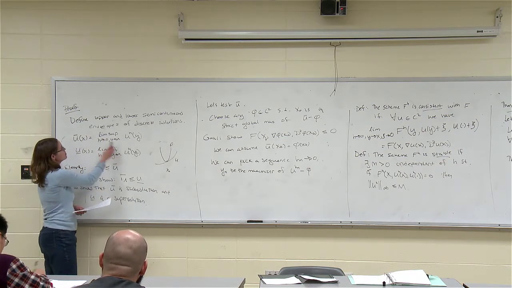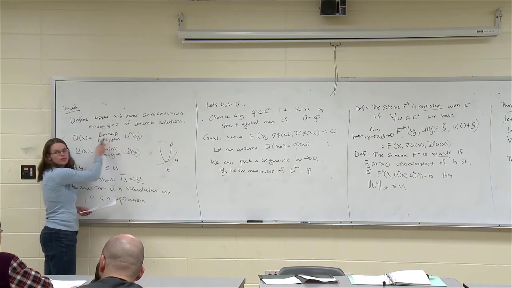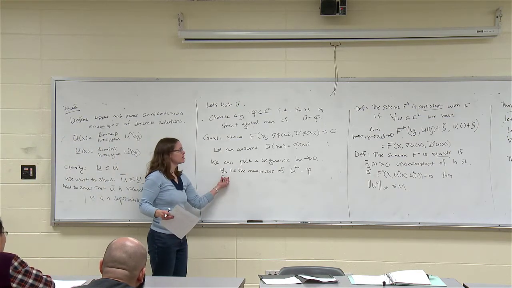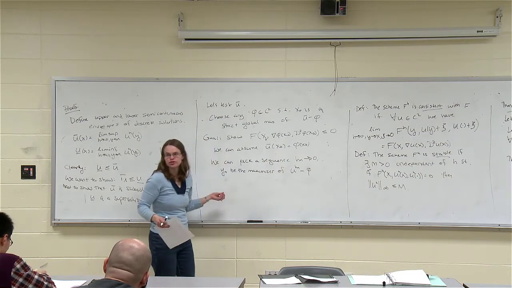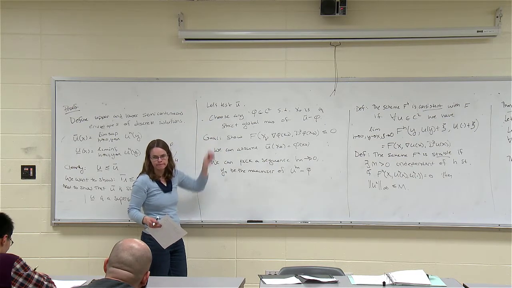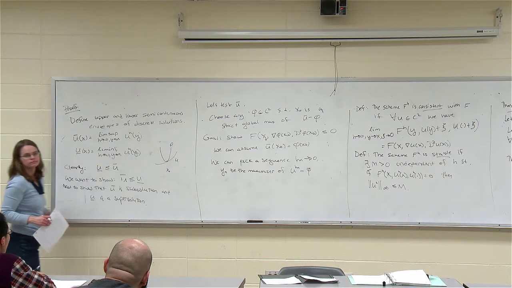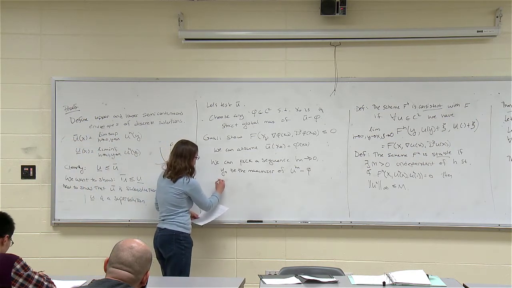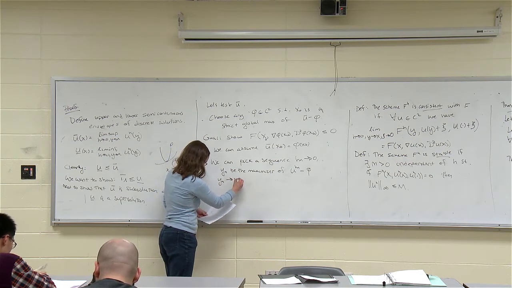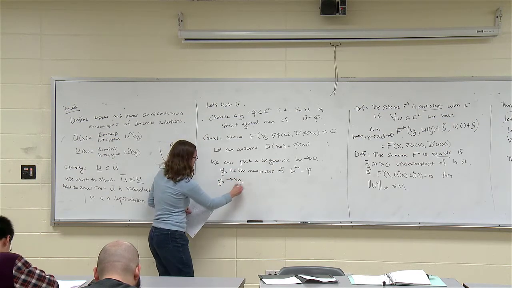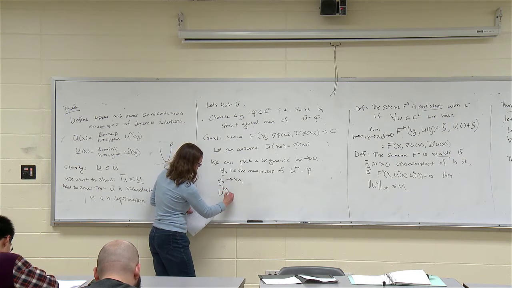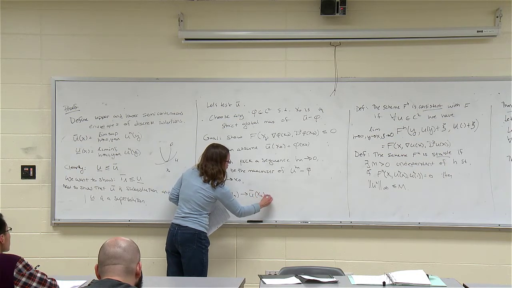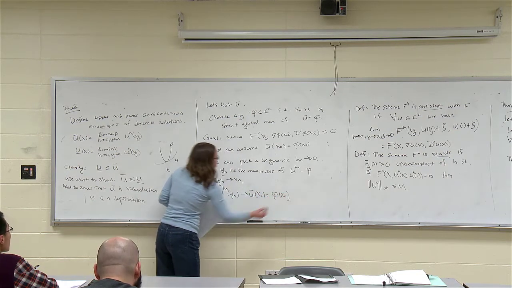And again, because this was defined as this limit superior, we can pick these sequences in such a way that the maximizers of these will converge to the maximizer of the original. Okay, so we can have yn converging to x naught, and we can have the value of the maximum converging to the value of the maximum, which was also phi of x naught.